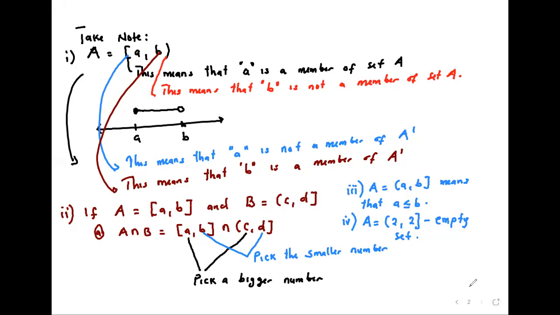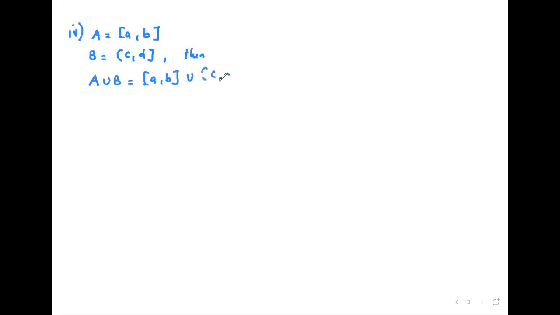What about for union? A is equal to [A, B), and B is equal to [C, D). Then A union B, which is [A, B) union [C, D).